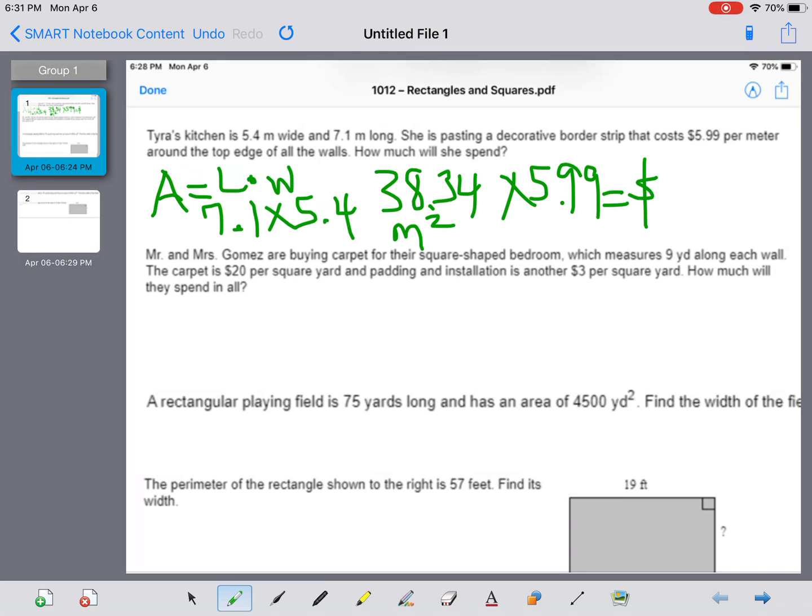And rounding our answer to the nearest cent or nearest penny, it will cost Tyra $229.66 to put a decorative border strip in her kitchen.